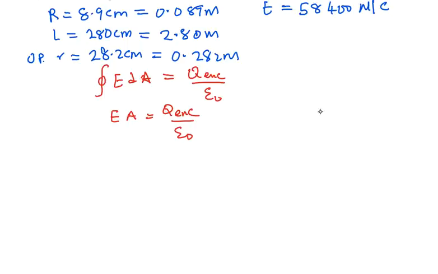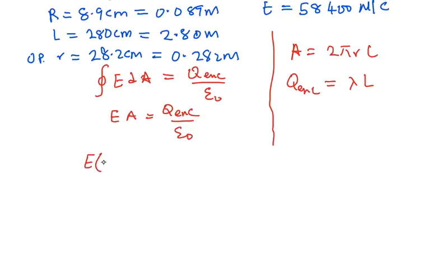We know that the area of a cylinder is 2 pi RL, and Q enclosed will be equal to the linear charge density multiplied by L. Substituting this, we have E into 2 pi R L is equal to lambda L divided by epsilon naught.